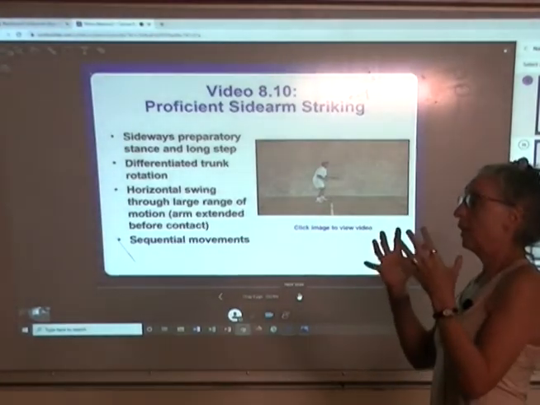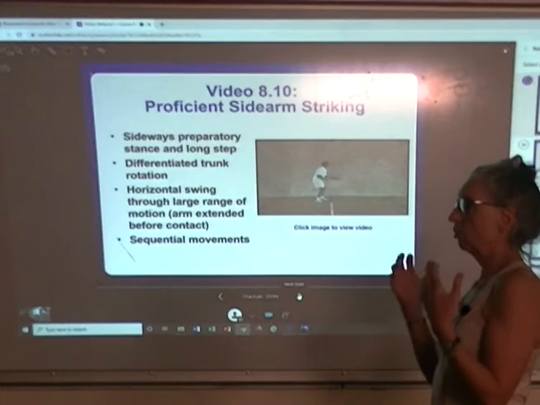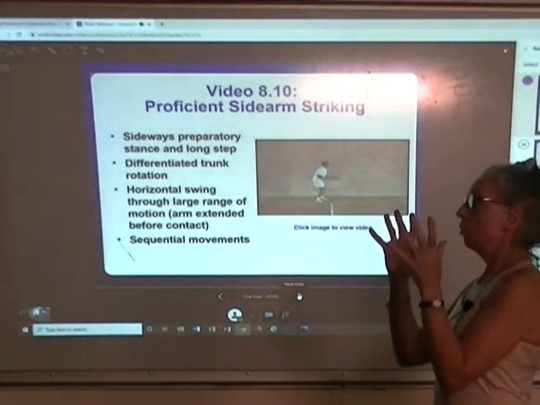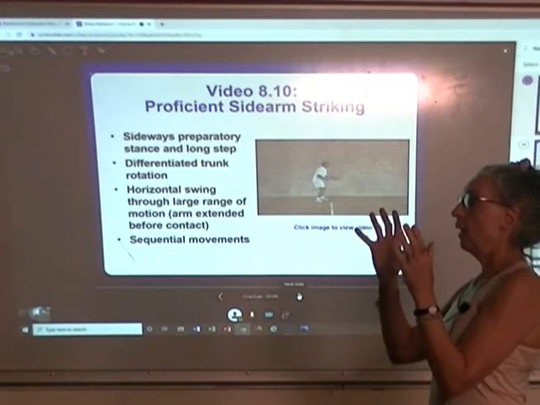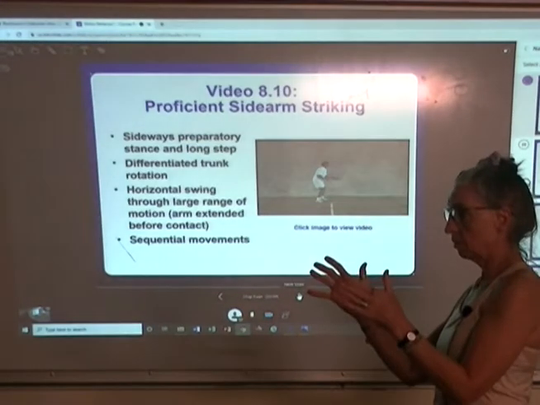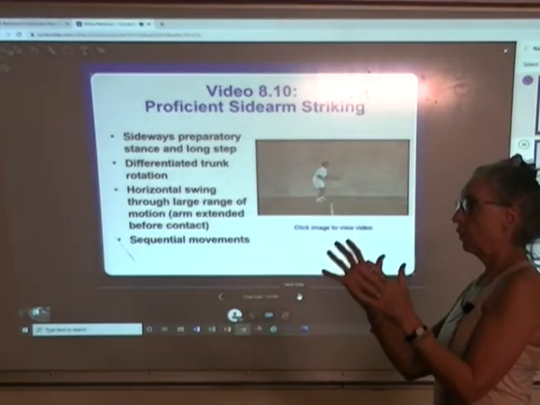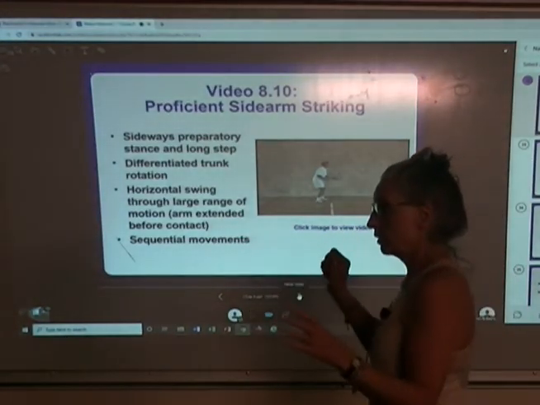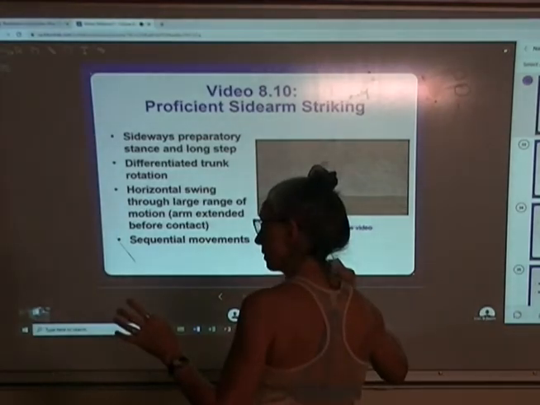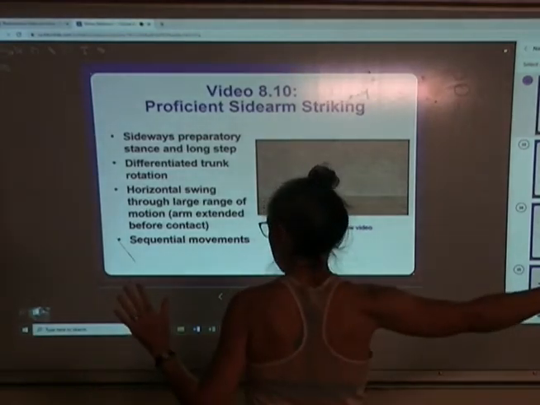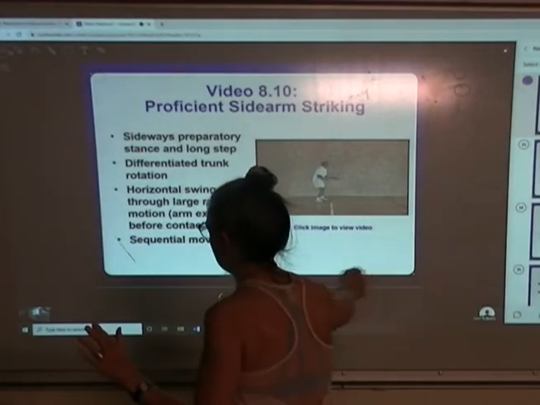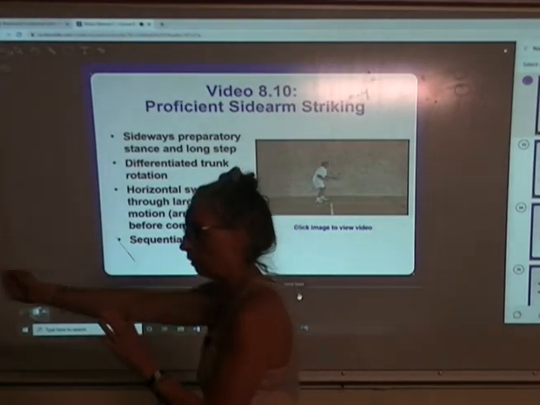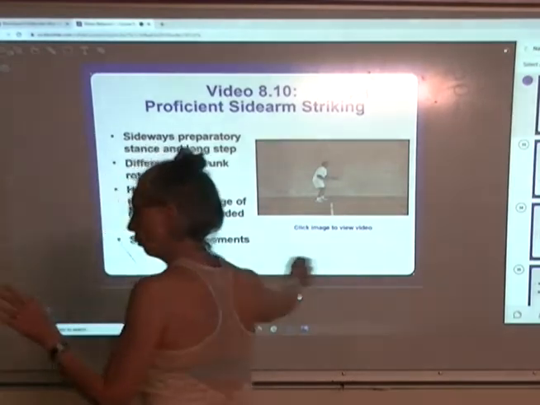So when I was in school, many, many moons ago, when we had tennis, the cues were: step sideways, take the racket back, sweep the racket across the table to hit the ball, right?